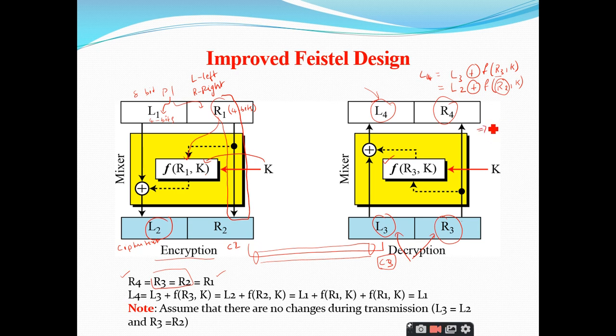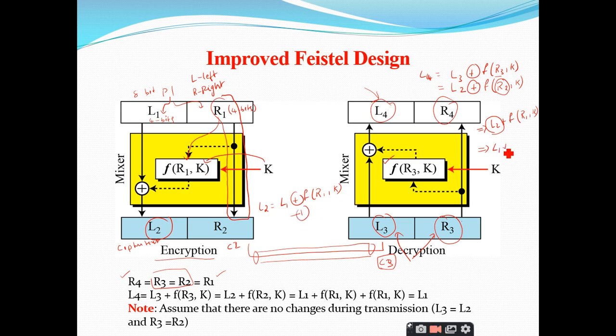Therefore, I can write L2 exclusive OR f of R1 comma K. How is L2 defined? L2 is equal to L1 exclusive OR f of R1 comma K. So I can replace this with this formula.